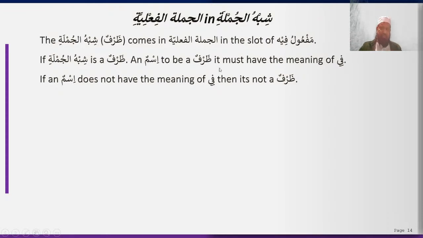And that ism must have the meaning of في in it. If an ism does not have the في meaning in it, then it is not a ظرف, it is a normal ism. So we'll look at some of the examples as we go along.